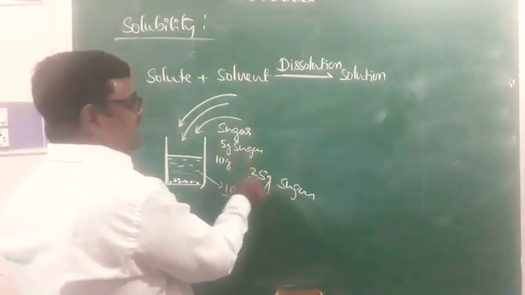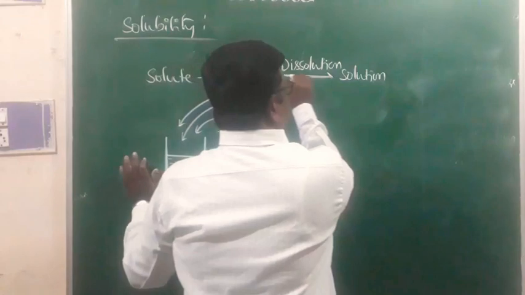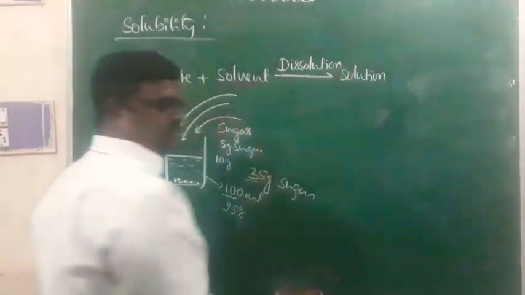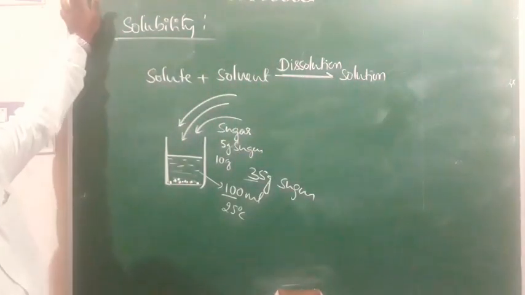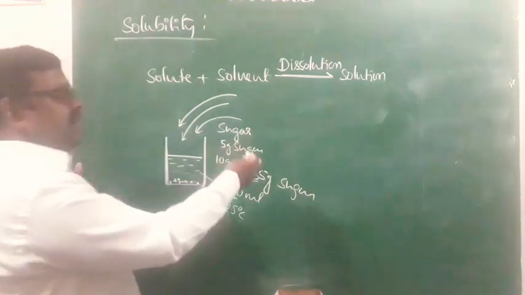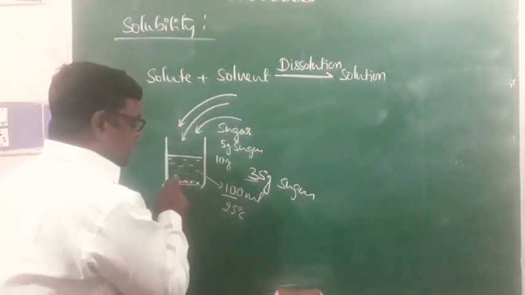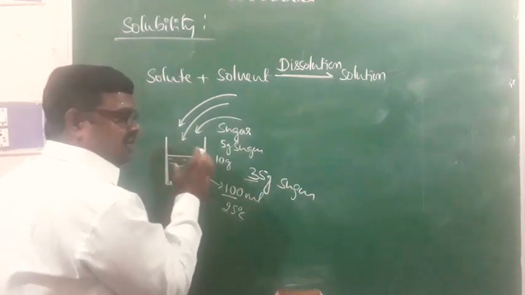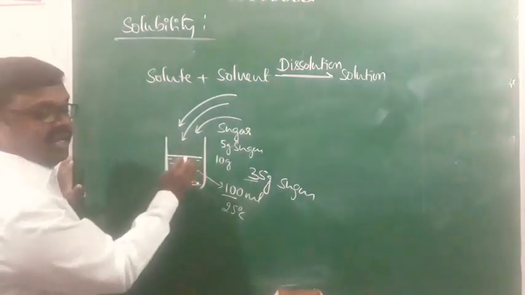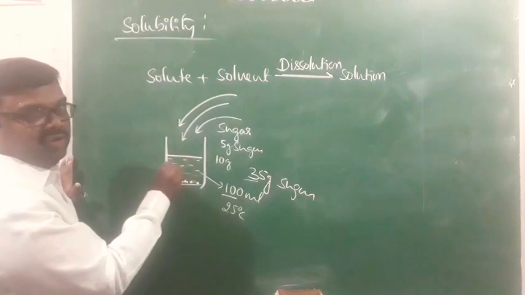Up to 35 grams of sugar, the process of dissolution continues. After 35 grams, if I add sugar to the water, the particles of sugar in the solution undergo collision.